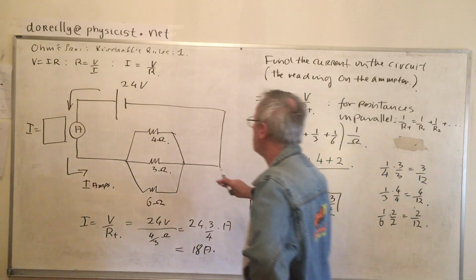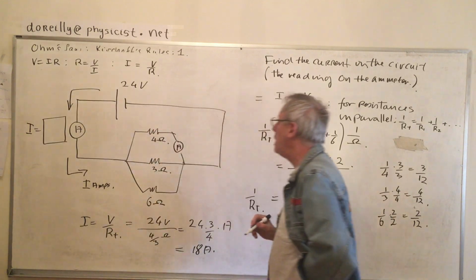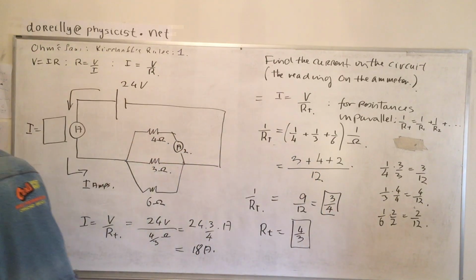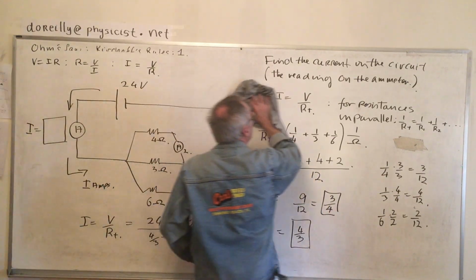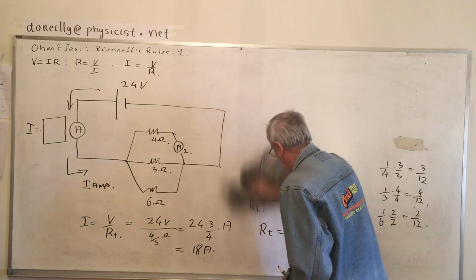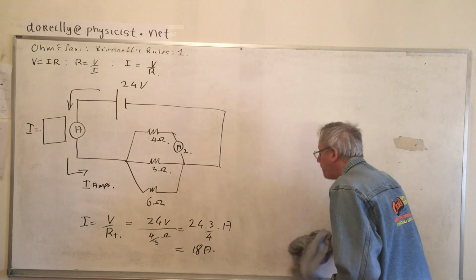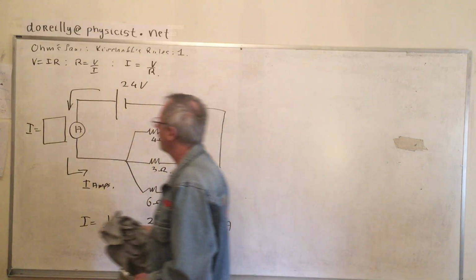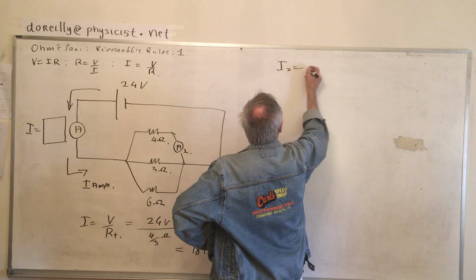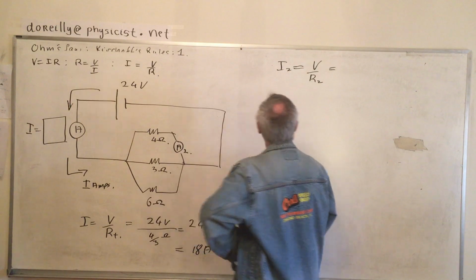Now we could get more complicated. We could ask, what's the reading on that ammeter? Call it ammeter 2. I is just going to be V over R2.